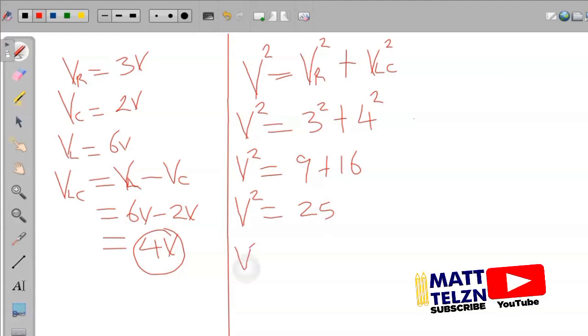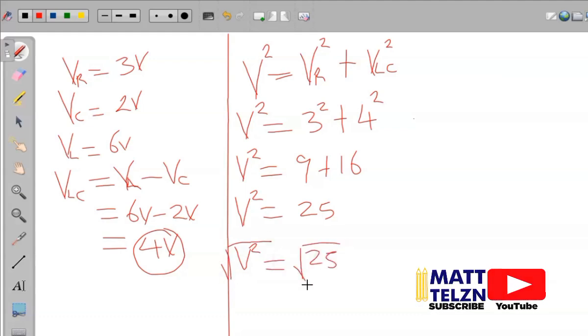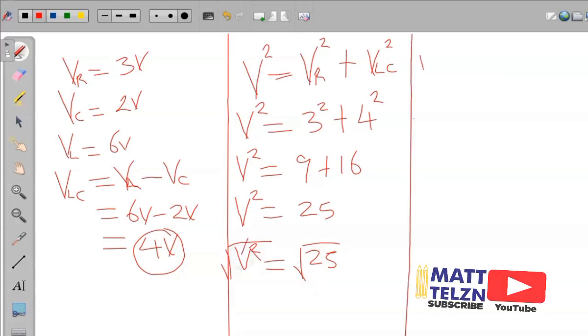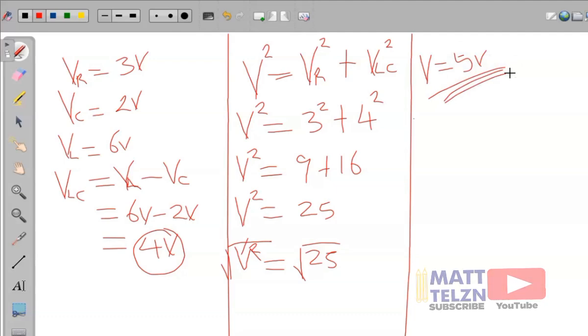So I have the square root of V squared equal to the square root of 25. The square will cancel the root, so my V is equal to 5 volts. This is my answer.